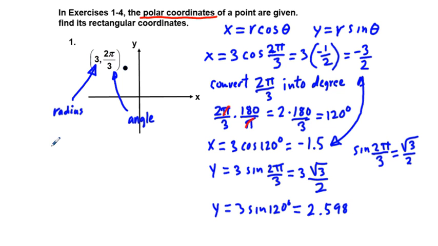And so now we can write down what our rectangular coordinates are for these polar coordinates. We're going to have coordinate pair negative 3 over 2, comma, 3 square root of 3 over 2.